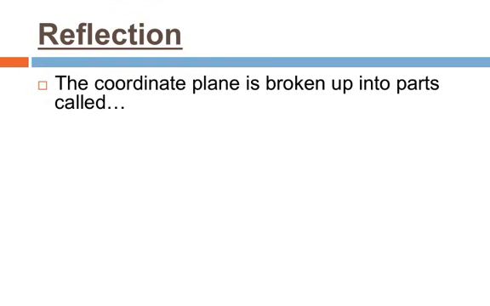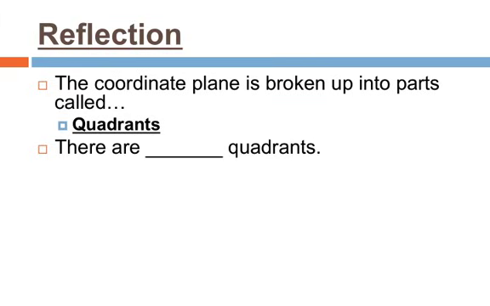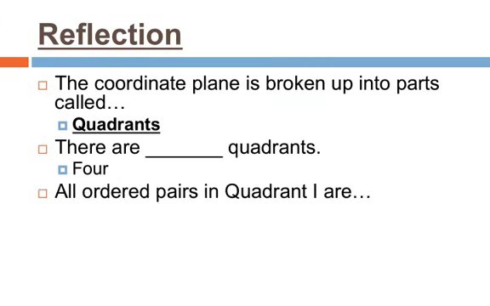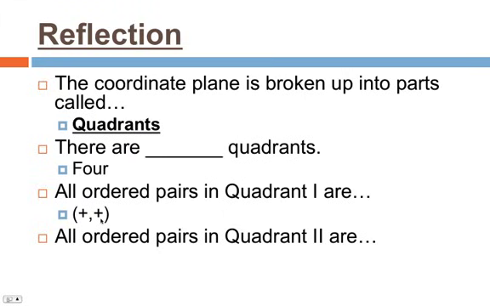The coordinate plane is broken up into parts called quadrants. There are how many quadrants? 4. All ordered pairs in quadrant 1 are positive, positive. This means that the x-coordinate in quadrant 1 is positive and the y-coordinate in quadrant 1 is positive. All ordered pairs in quadrant 2 are negative, positive.